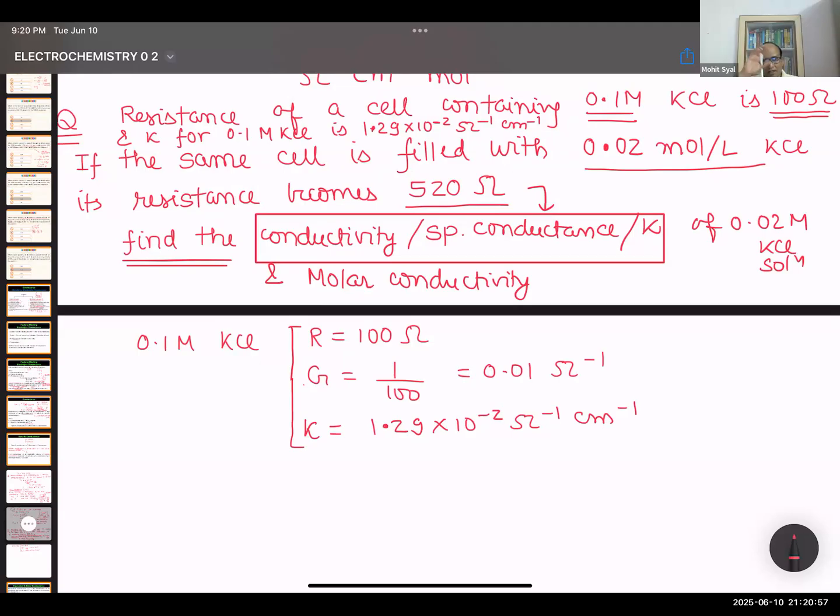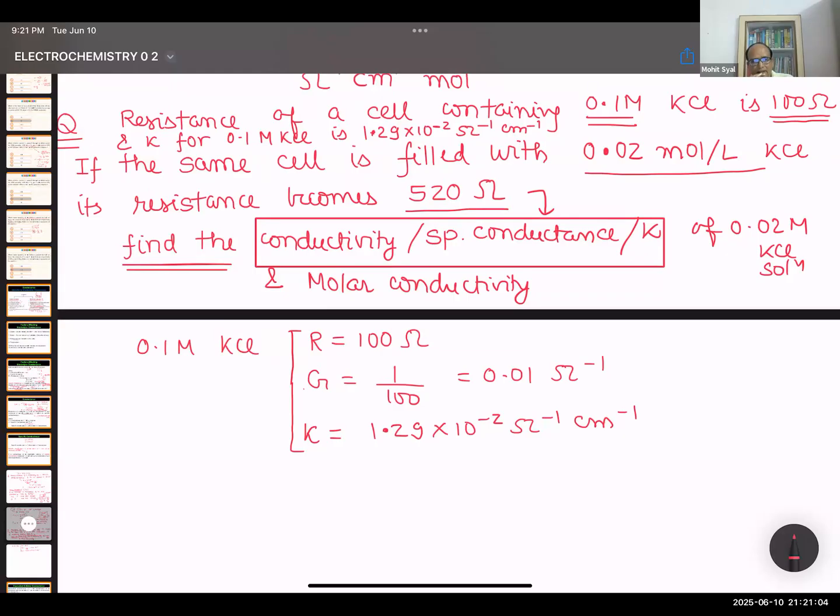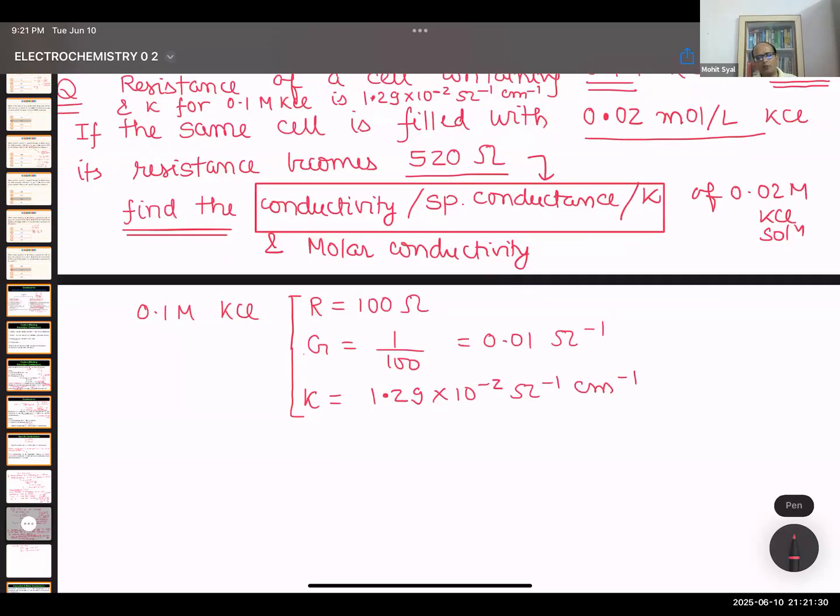So this cell was completely emptied and filled with another solution. The other solution is 0.02 molar KCl. So everything will change. Resistance will change, kappa will change, molar conductance will change because the concentration is different. Is it clear? The solution is emptied and the new solution is put into the same container. So what is going to remain the same?